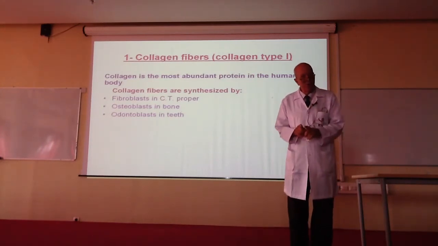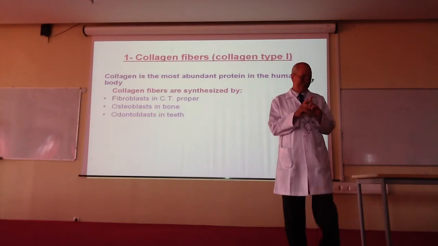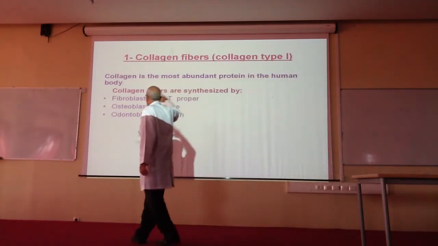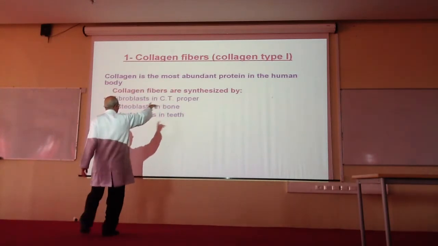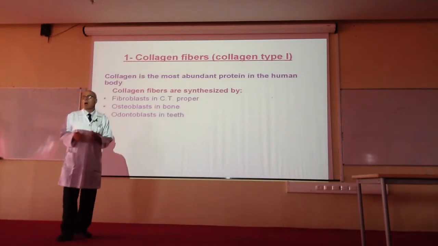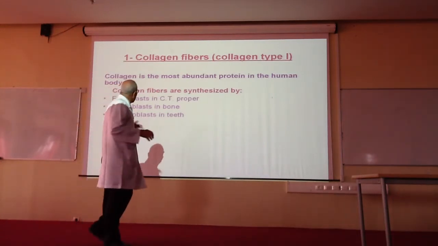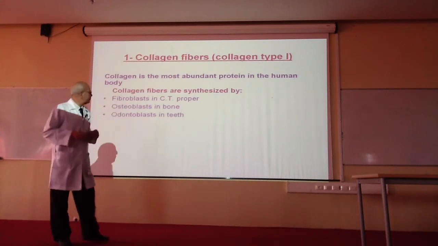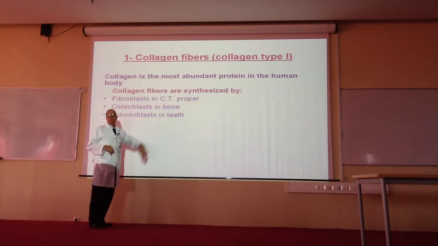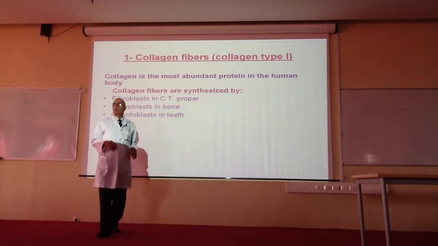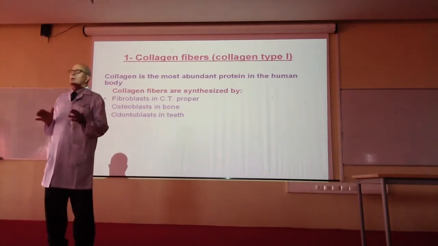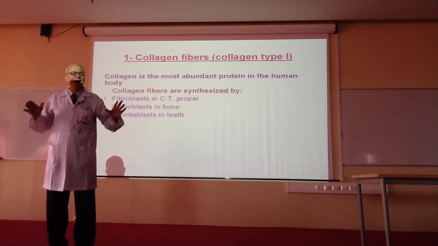You have to know the tissue and you have to know the size. Collagen is the most abundant protein in the human body. Collagen fibers are synthesized by fibroblasts in connective tissue fiber. What do you mean by blast cells? Cells which can grow in size and secrete.